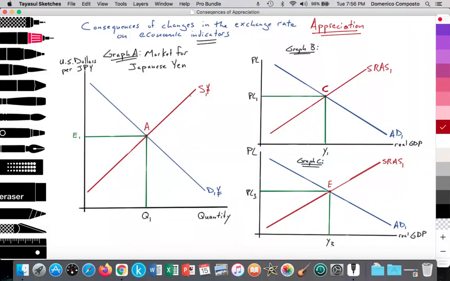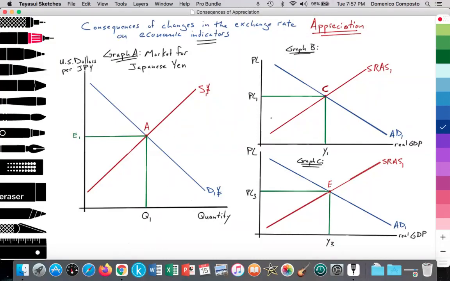We have the upward sloping supply of Japanese yen, S1, the downward sloping demand for Japanese yen, D1. The intersection of S1 and D1 provides at point A an equilibrium exchange rate at E1 and equilibrium quantity supply and demand at Q1. On the y-axis, we're measuring US dollars per one Japanese yen.